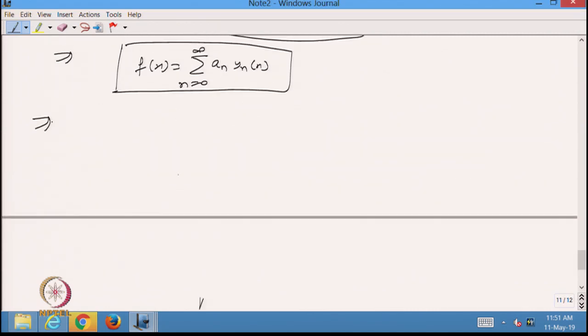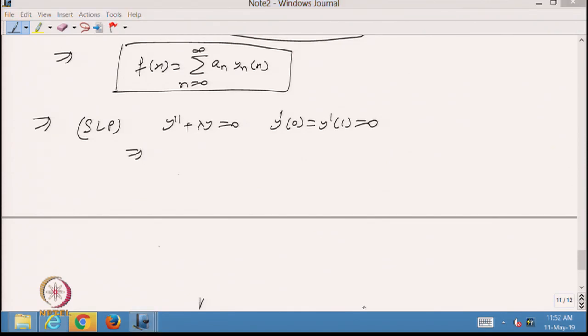Then I will take a quick example of how we can solve a Sturm-Liouville problem. So, let us take an example Sturm-Liouville problem like y double dash plus lambda y equal to 0, and then I take the boundary conditions y dash 0 and y dash 1 equal to 0.